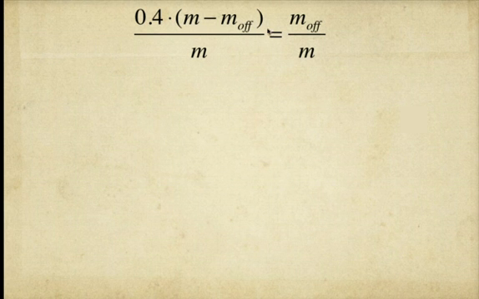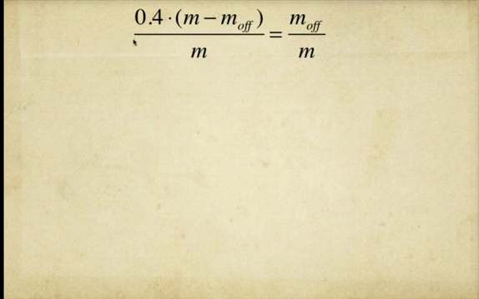So mu is 0.4. That is our mass on, because it's total minus mass that is hanging off, over the total mass. And on the right, there was mu m off times G, and we just divided everything by total mass, which did not change much, right? Because we take the equation and divide both parts by the same number, nothing changes.